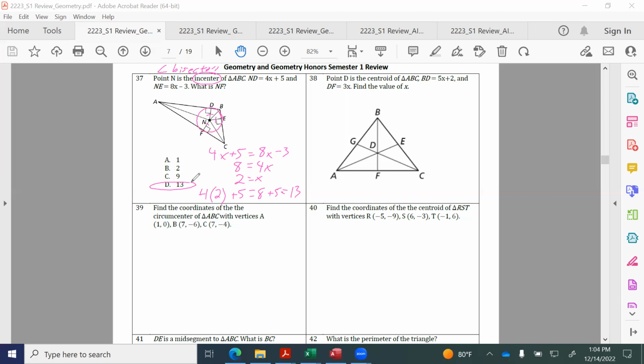Anyway, on this one, this one is half that one, so I need to double this one to get that length. I'm going to take that 3x. I've got to multiply it by 2 in order for it to equal that other length. So 2 times 3 is 6. Bring the 5 over, subtract it. Wait, was it plus or minus?